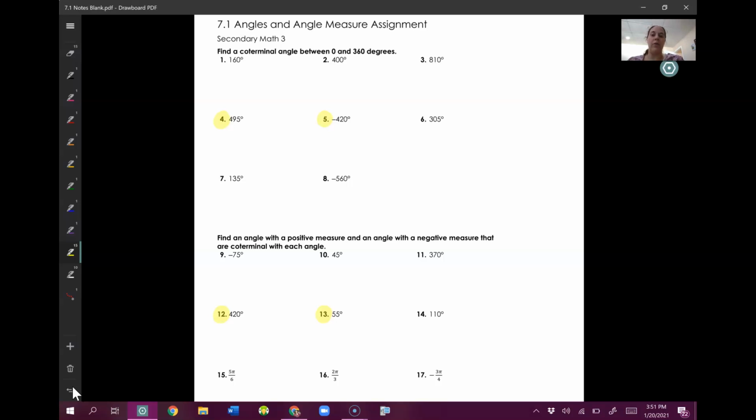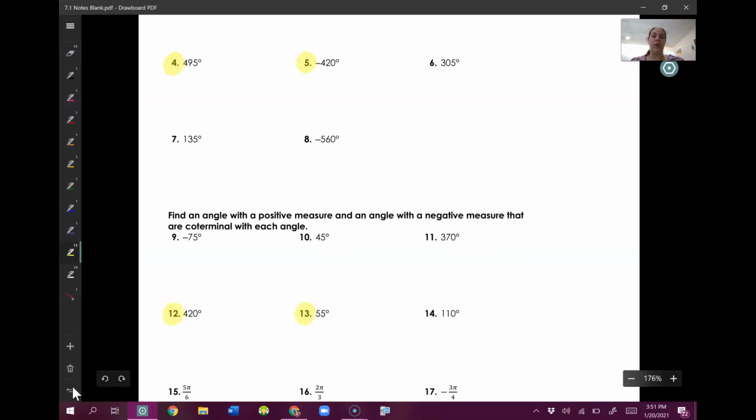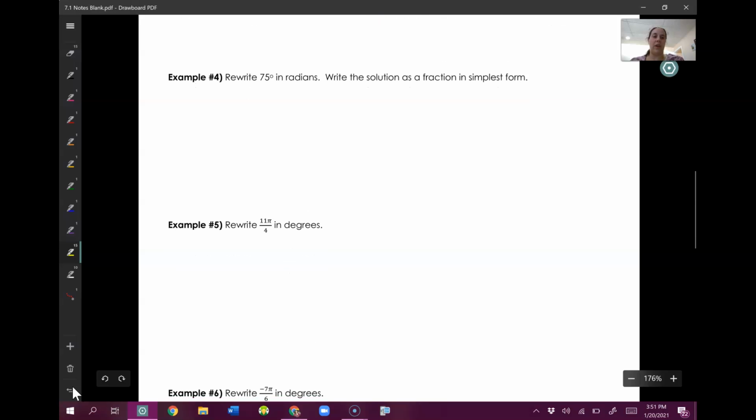For 4 and 5, you need to find an angle between 0 and 360. So you're just going to keep adding or subtracting 360 to these until you end up with one that lies between those angles. So that's it for your assignment. In the last video, we'll do our last 3 examples.